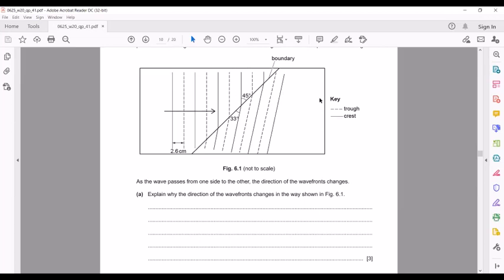So basically, why does the direction of the wave change? First, what happened to the speed, increase or decrease, when it traveled from one region to another? By looking at this figure, the speed of the wave decreases.